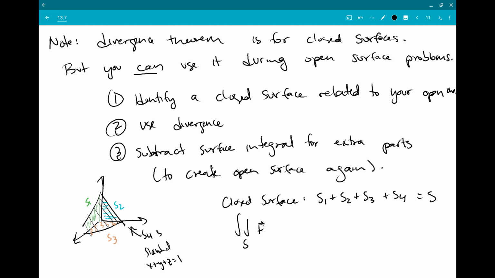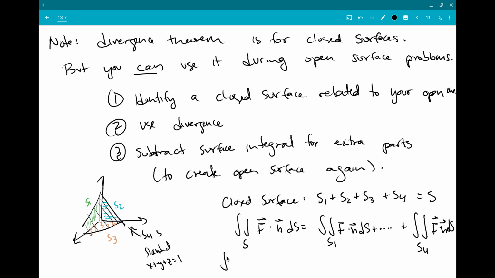But we know that flux integrals can be combined as sums. So the flux integral over the closed surface is the sum of the flux integral over all the separate little surfaces I labeled.